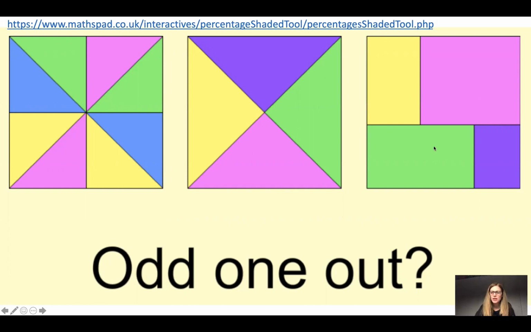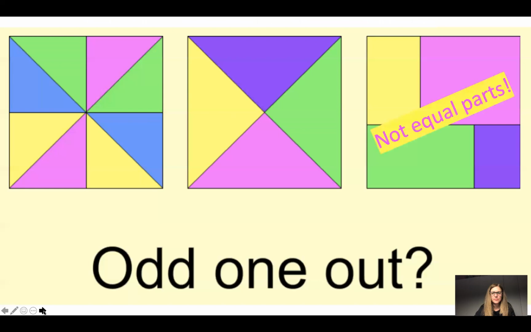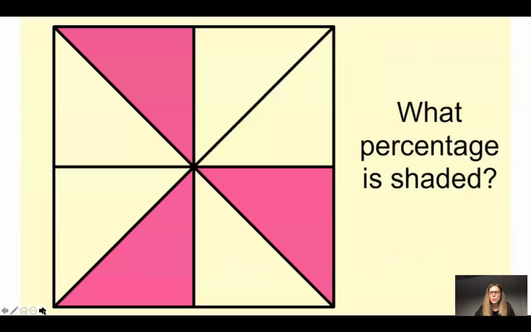Then when we're looking at fractions and percentages, we cut our shape into equal parts. Let's look at the next slide. I want to know what percentage is shaded, and some of those fraction to percentage conversions we looked at earlier should help you. 1 minute.